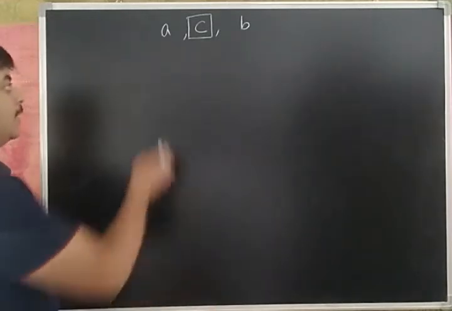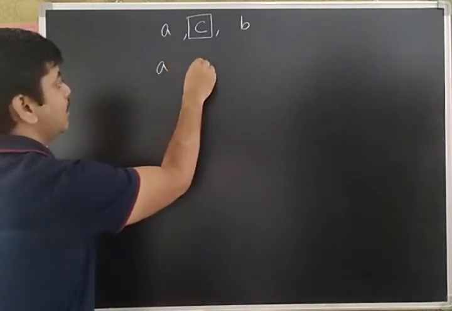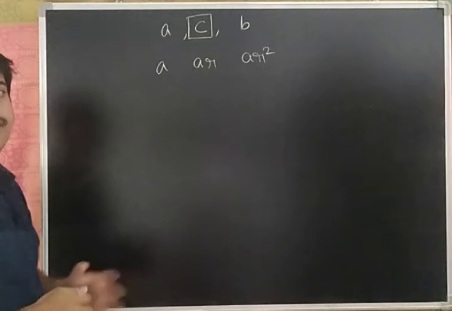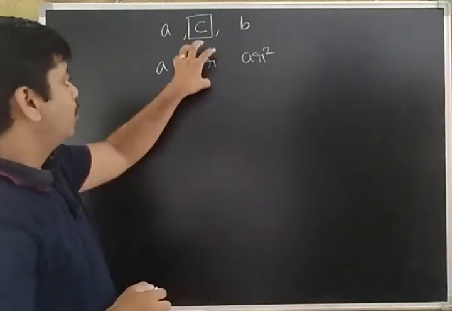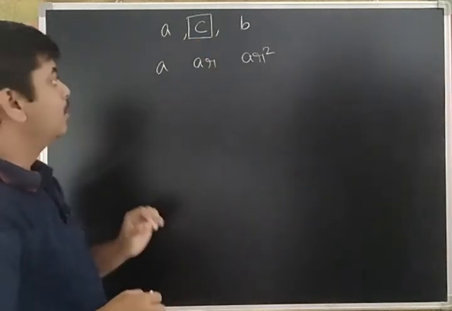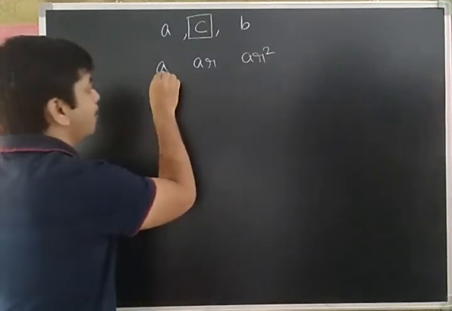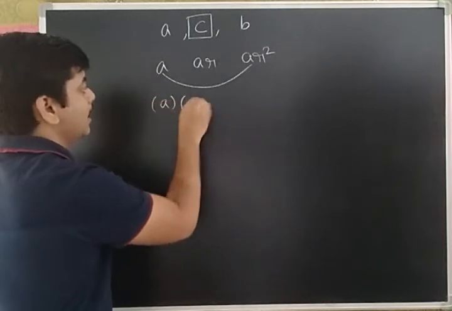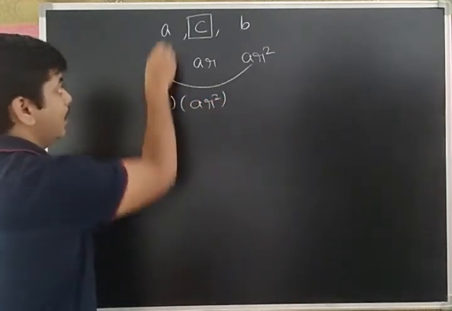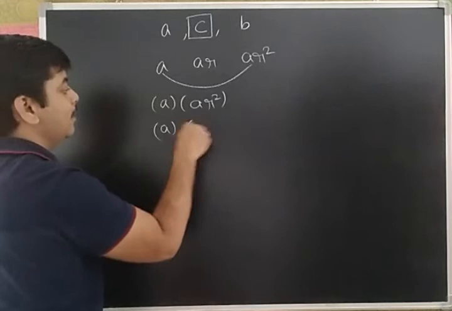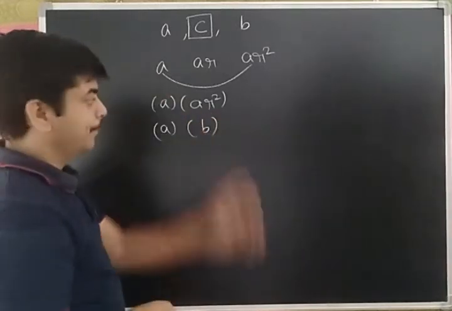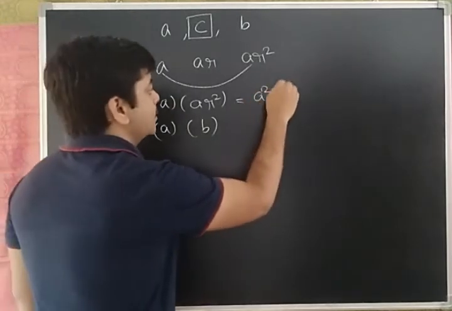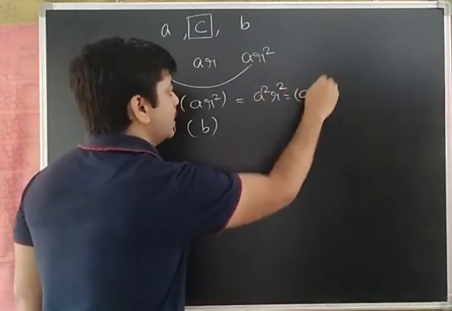So see here, if the first element is A, the next element will be AR, the next element will be AR square. Is that correct or wrong? If I want to find the value of AR, I'll take the product of these two. A into AR square, that means the term A into the term B, is A square R square, which is AR whole square.